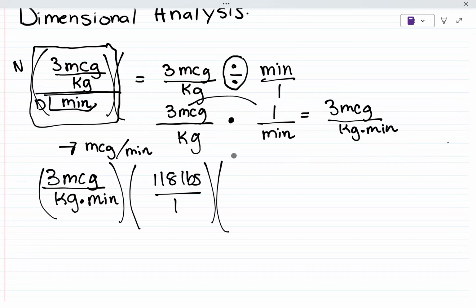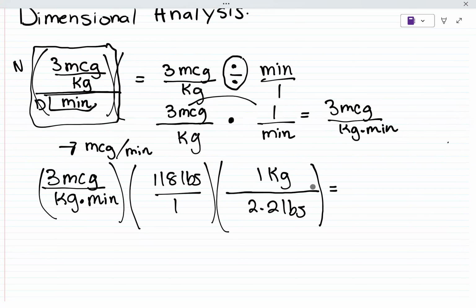Then I have to get rid of the pounds and the kilograms. Do you know the relationship between kilograms and pounds? It's something you should know on your chart or cheat sheet. For 1 kilogram, there are 2.2 pounds.